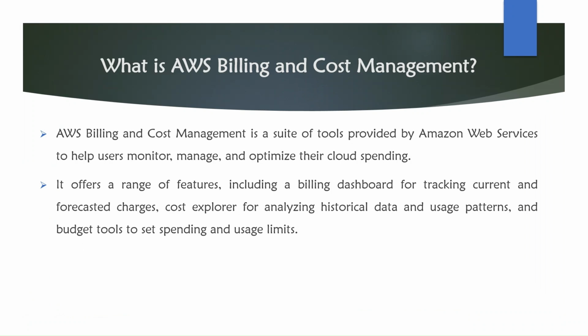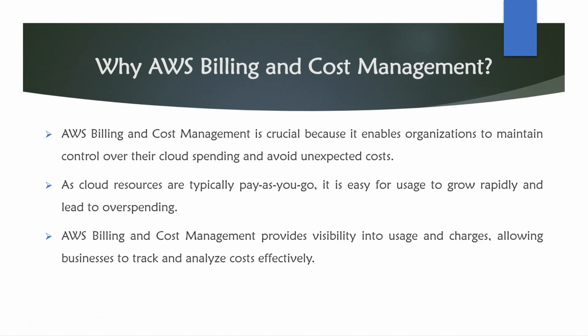These tools provide detailed insights into how resources are being utilized, enabling users to identify cost-saving opportunities, detect anomalies in spending, and ensure cost efficiency. By leveraging AWS billing and cost management, organizations can achieve transparency in their cloud expenditure and maintain better control over their budget.